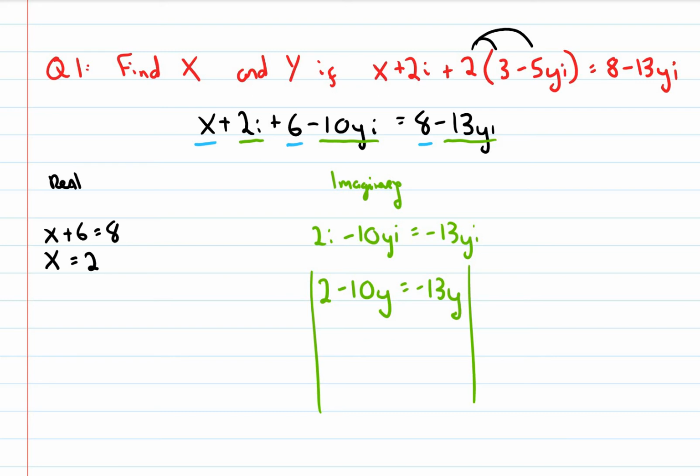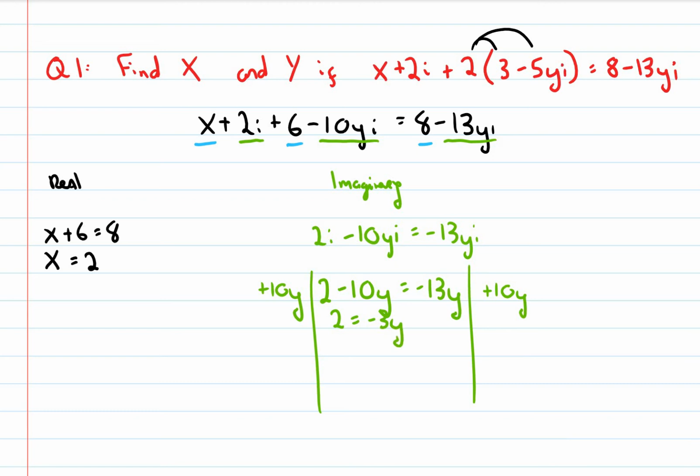We'll keep the numbers on the left hand side, so I want to get rid of the minus 10y, so I add 10y. So we add 10y on this side. We will get 2 = -3y.